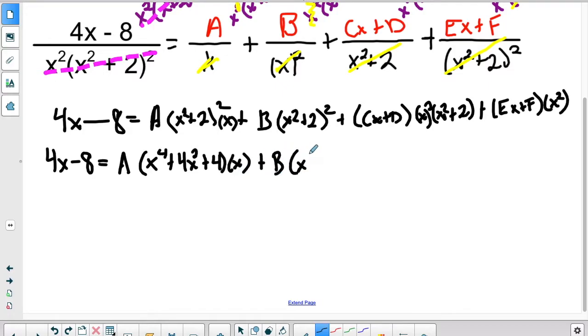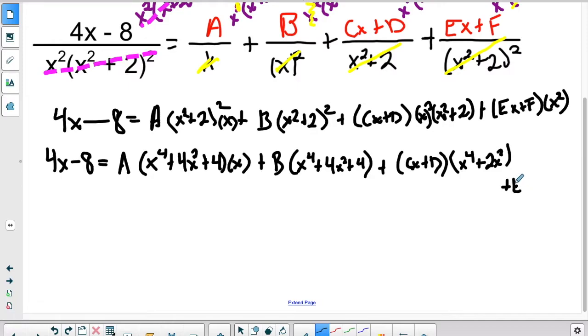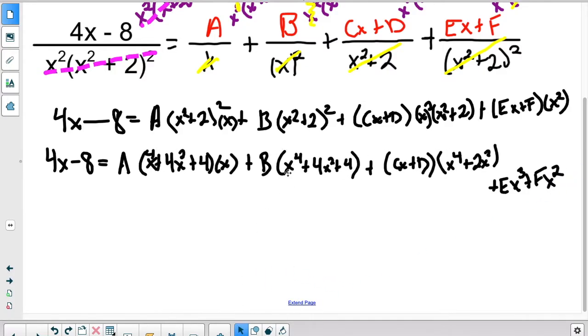And again it'll be the same, x to the 4th plus 4x squared plus 4, plus cx plus d. And when we multiply these two together, we're going to get x to the 4th plus 2x squared. We can multiply these out and get plus ex cubed plus fx squared. And we get all of this here.